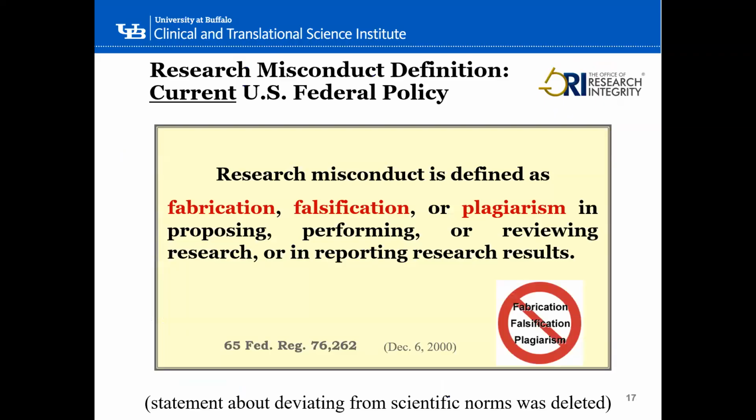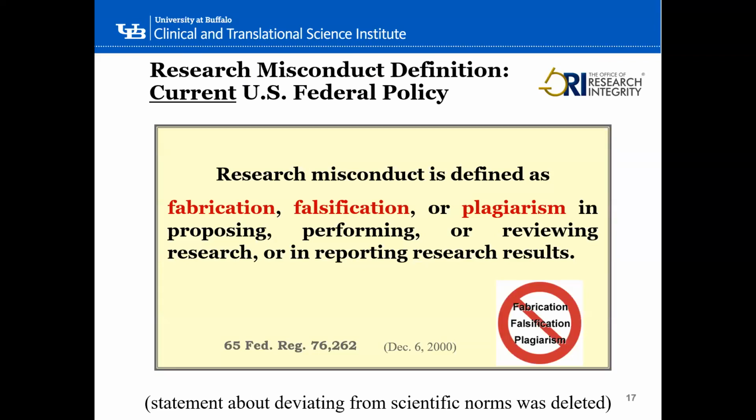So the current federal policy under the Office of Research Integrity has been distilled and simplified to just this. Research misconduct is defined as fabrication, falsification, or plagiarism in proposing, performing, or reviewing research, or in reporting research results.